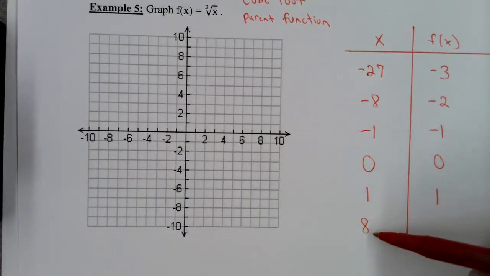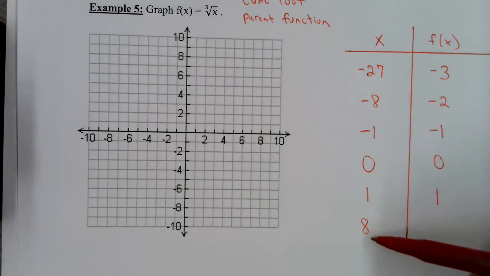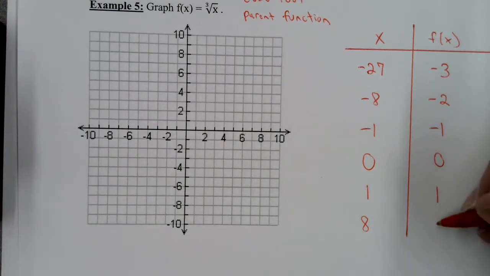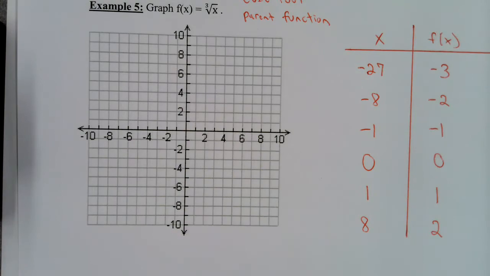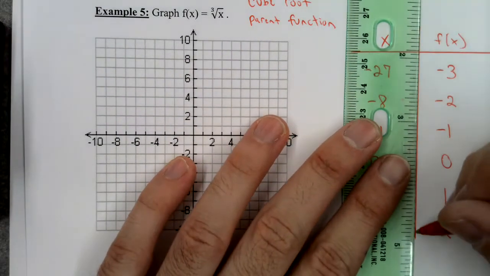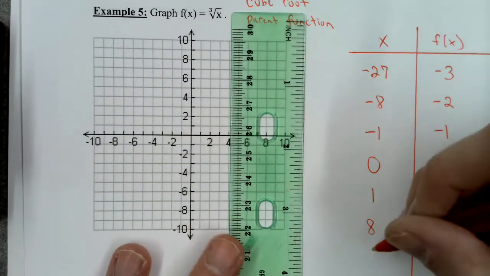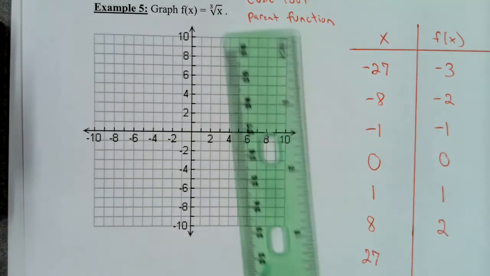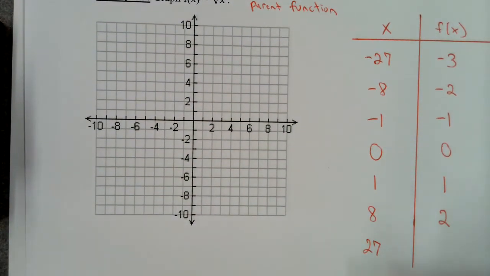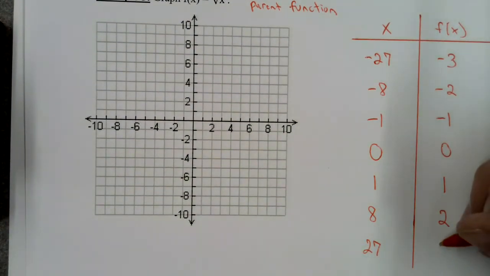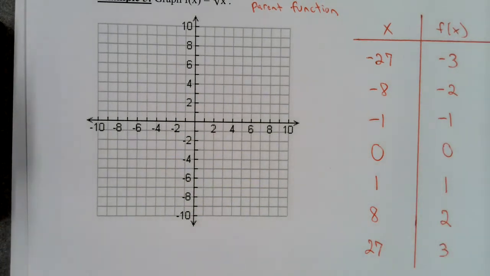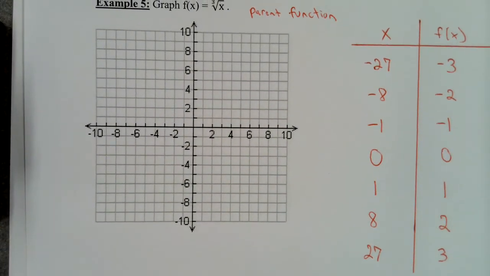What number times itself 3 times equals 8? The answer is 2. And let's just do one more, just to be symmetrical. The cube root of 27 means what number times itself 3 times equals 27? And the answer is 3. 3 times 3 times 3 is 27.